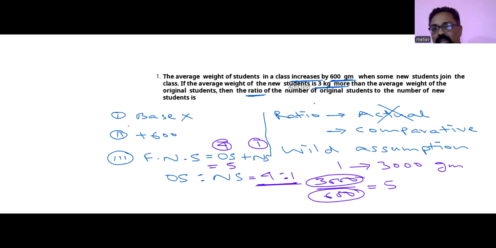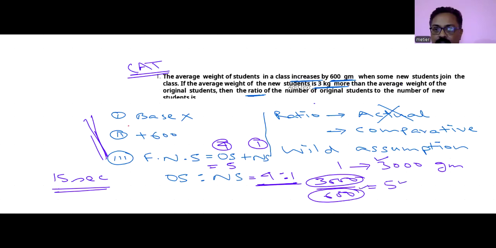We assumed that the new number of students was 1. So original number of students 4. The ratio is 4:1. So this is from an actual CAT paper. Now, if we follow this basic logic of effect, you can solve this problem in 15 seconds. Okay. Just you have to go with this 3000, this 600, and this 5. But you have to assume 1 here. So the rest will come.